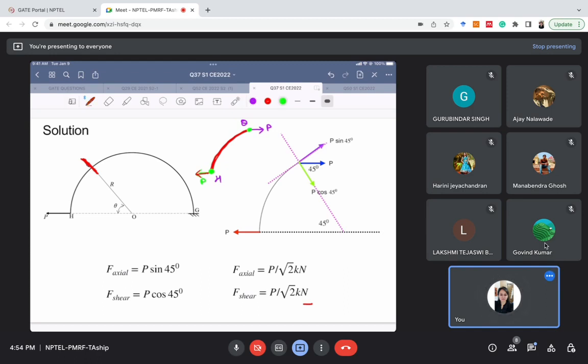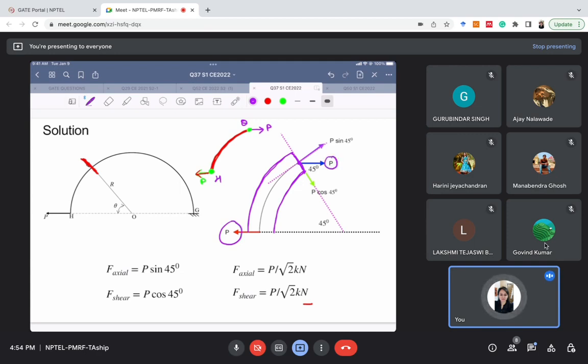For simplicity, I can draw the bar as a line section. So I'm drawing the full section of the bar. This force we know now: since this is P, this is also P. This is clear, I hope.